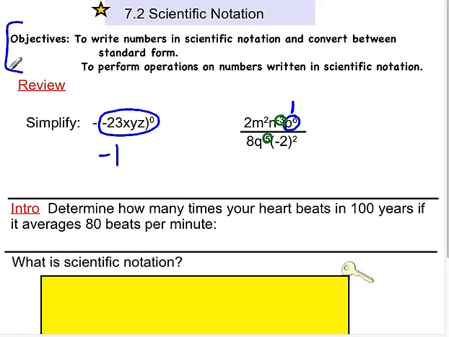So I'm going to start rewriting all of this. I have 2m squared. That n is going to move, and the p to the 0 turns into 1. I could show multiplying by 1 here, but I think you'd all agree that it doesn't need to be shown. Multiplying by 1 doesn't do anything. On the bottom, I'm going to start off with the 8.